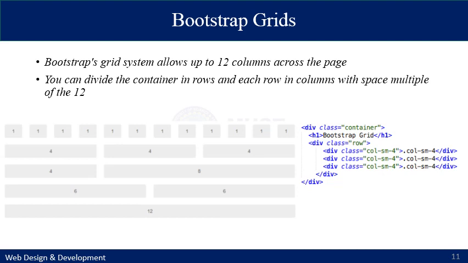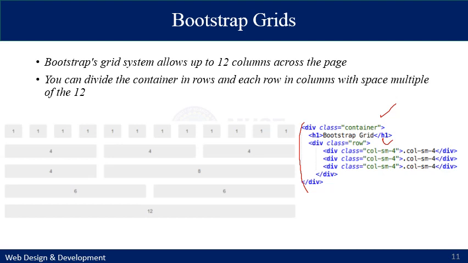So a typical example of a page or an element design starts from a div, and it has the class container. Container is an element which can hold other elements, and in containers usually you have a number of rows such as described here, and in rows you have a number of cells. Cells are described as Bootstrap grids.